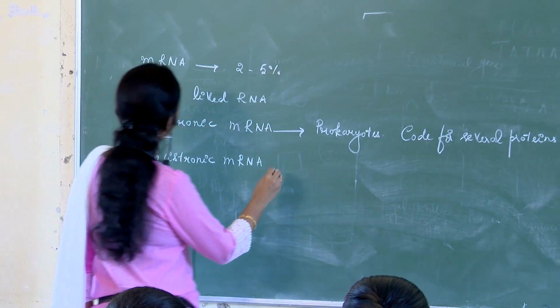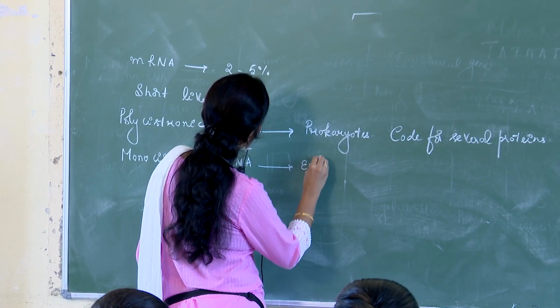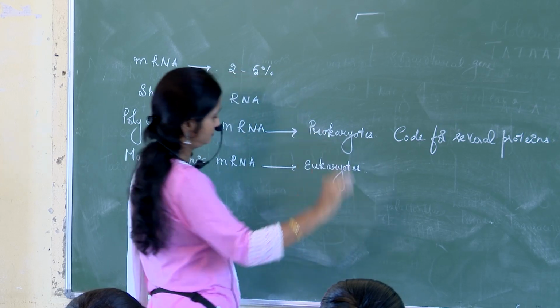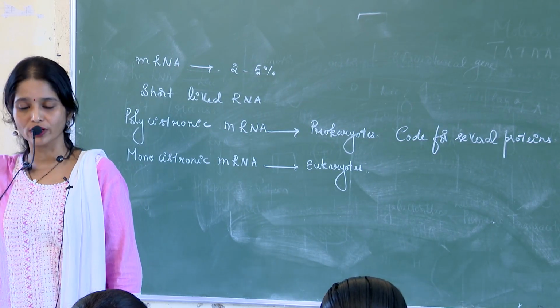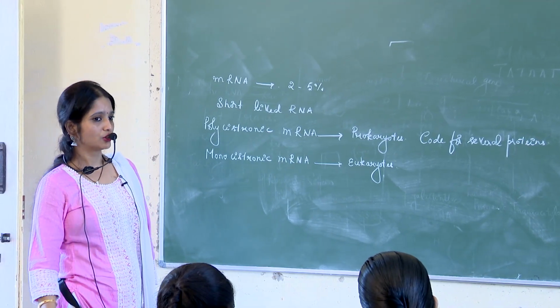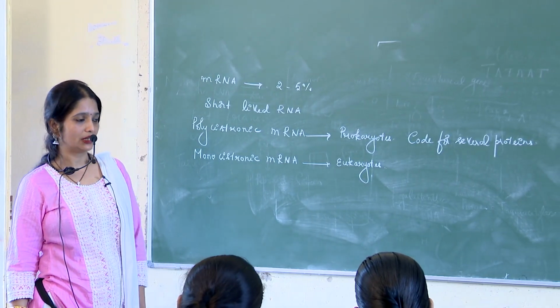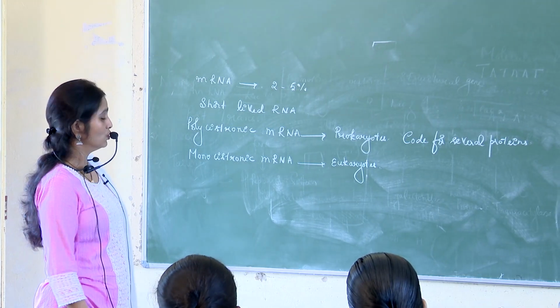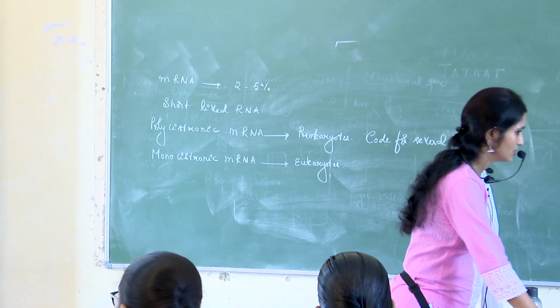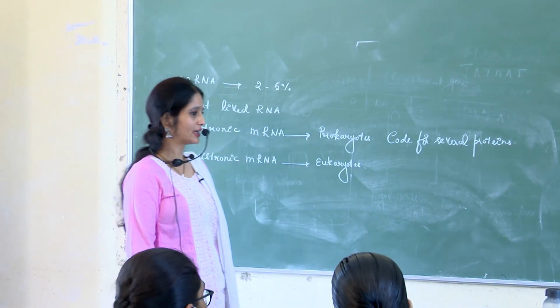The monocistronic mRNA is present in eukaryotes, and this can code for only one protein at a time. So it codes for only one protein. Which one? Monocistronic mRNA, right? Yes. Second one is, which is the second type of RNA?